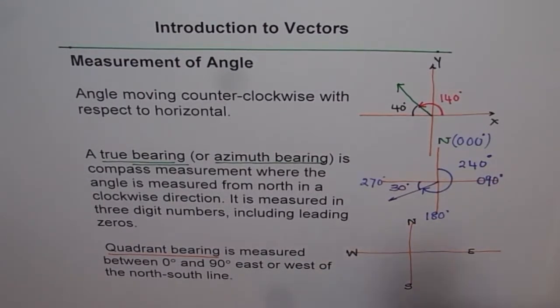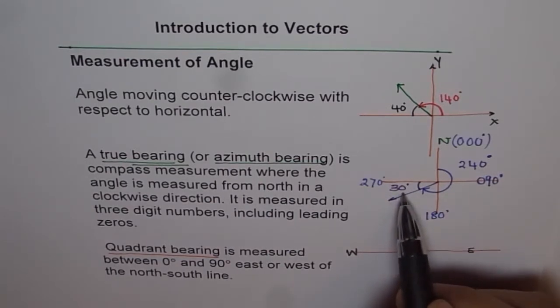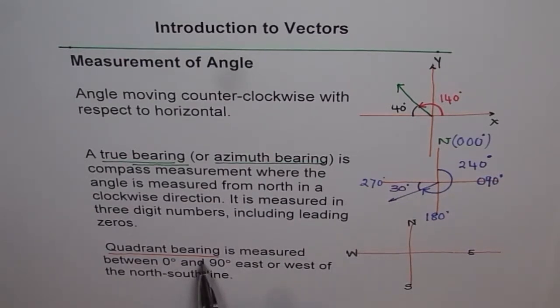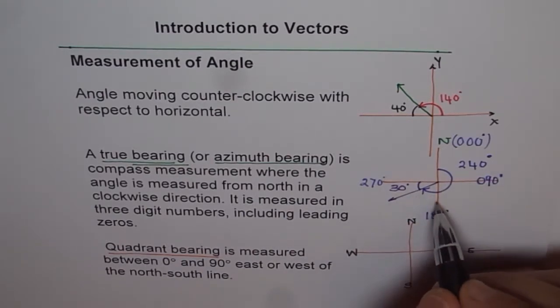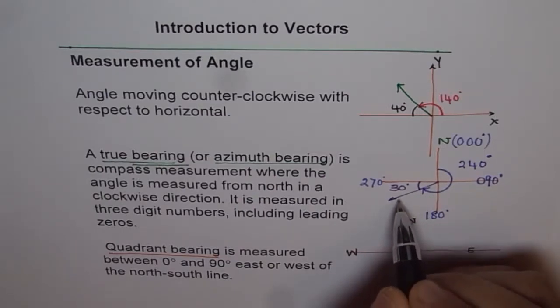For example, if this angle I have to write in quadrant bearing angle, then we can see that from south we are off 60 degrees, total is 90, right? Towards west, correct?